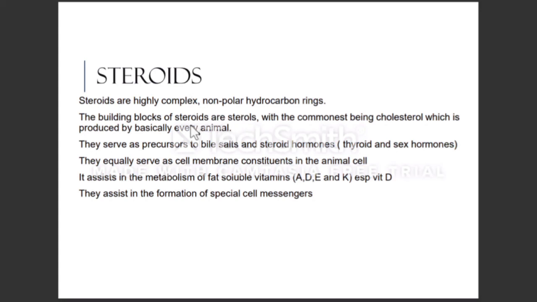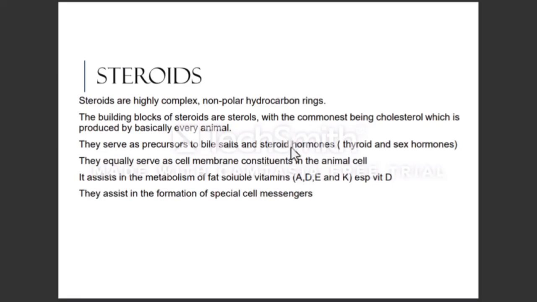The commonest of these steroids is cholesterol, which is also a part of the cell membrane. The commonest of the steroids is cholesterol, which is produced basically by every animal. So the cholesterol also serves as precursor to bile salt and steroid hormones.